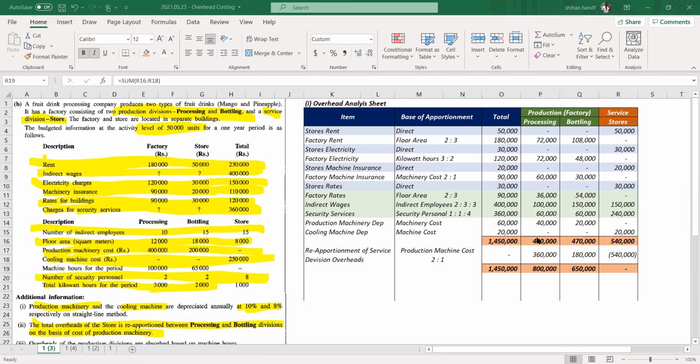Right. So I'll repeat that. Now service department has a cost of 540. Since service department doesn't do any manufacturing, there is no product from the service department. That service department cost has to be transferred to the production departments. So the rate is given here.